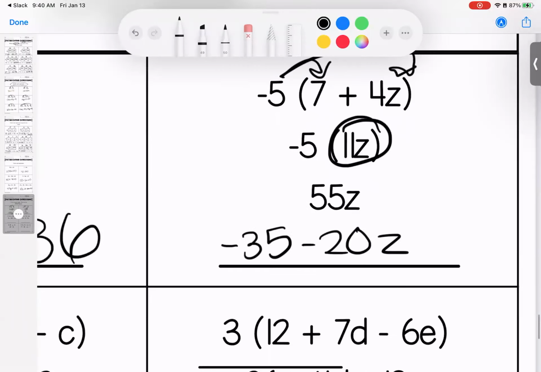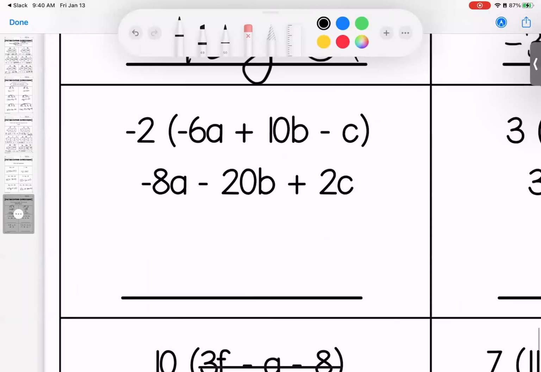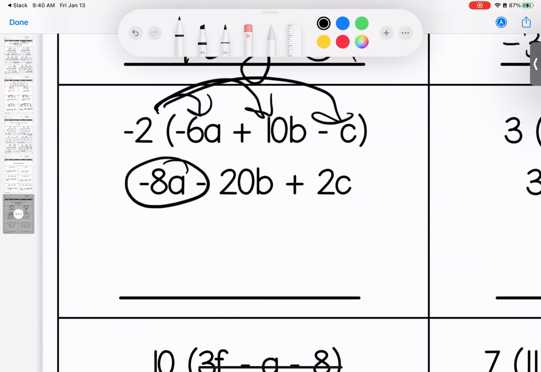Coming down here, sharing my 2 with everybody. 2 times 6 is not 8. That would be added. So -2 times -6 is, whoa, I still had the brain on the same thing. 6 times 2 is 12. It's positive. 2 times 10 is 20.